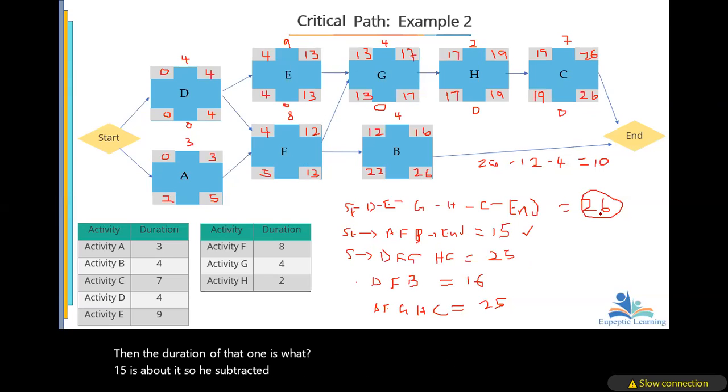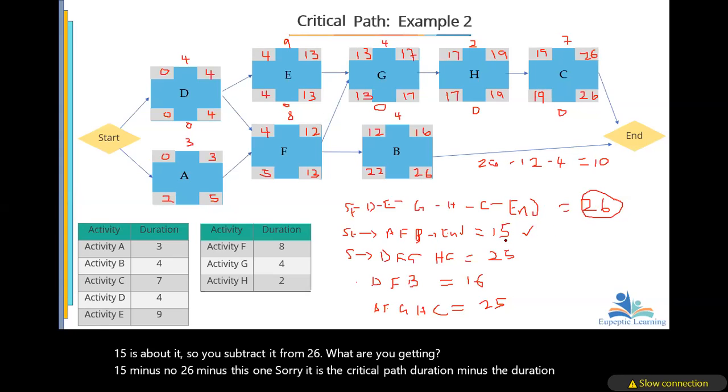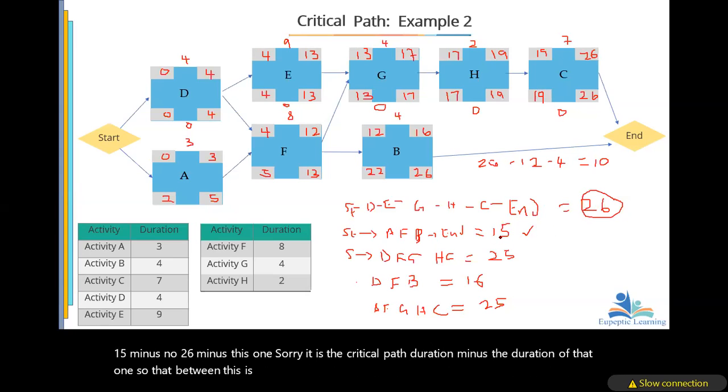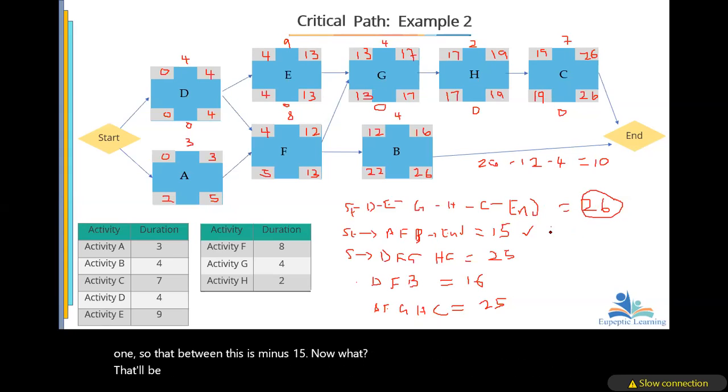It is the critical path duration minus the duration of that one. So that would be 26 minus 15, which is 11. So the float on AFB is 11.